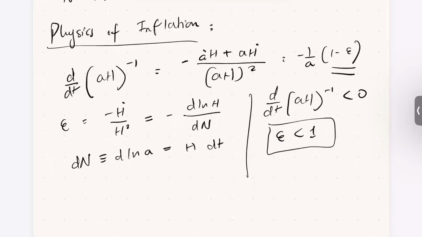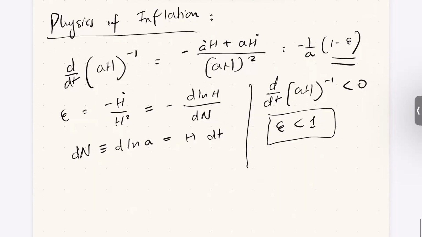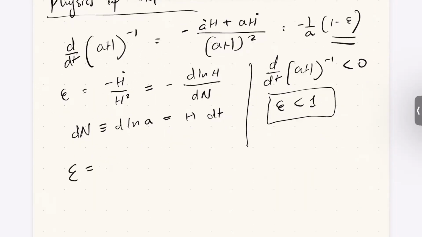So if epsilon is less than 1, this will be inherently negative, right? This term over here will be inherently negative if epsilon is less than 1, because this term would be positive. So it would save the negativity. And two questions now I can pose to you. That is, what happens when epsilon equals 1?